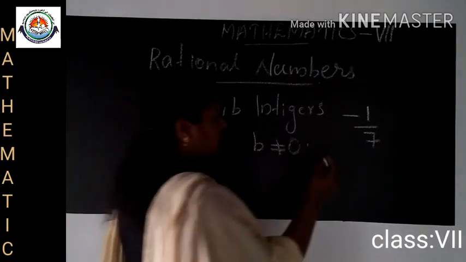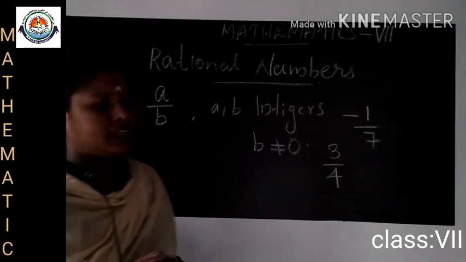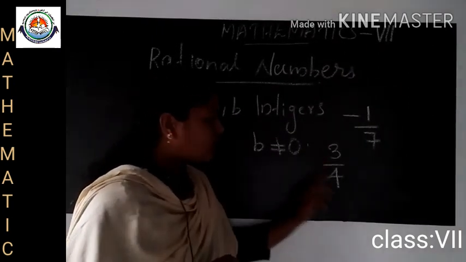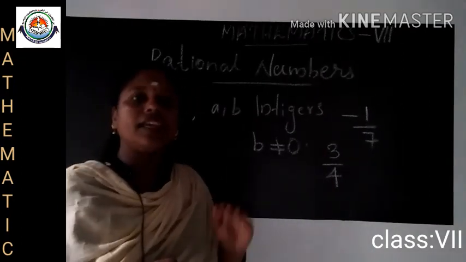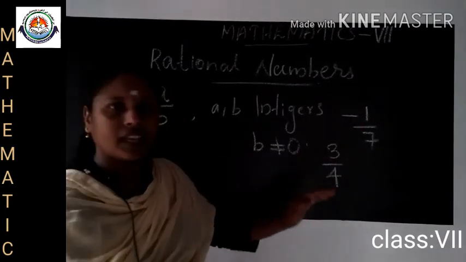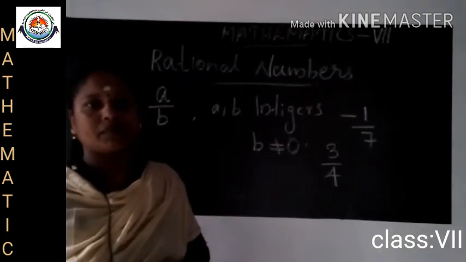And here 3 by 4. Here 3 and 4 are natural numbers. Therefore, it is a fraction. And 3 and 4 are integers also. So 3 by 4 is a fraction and also a rational number.